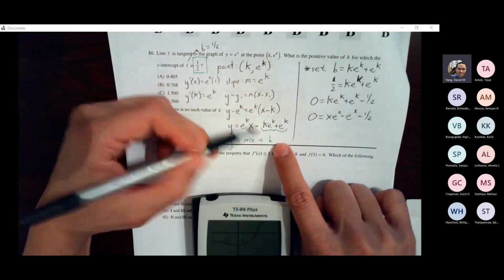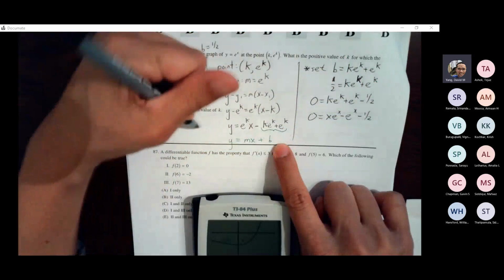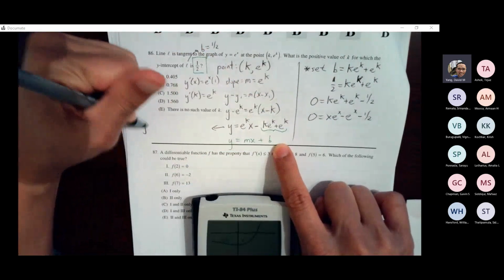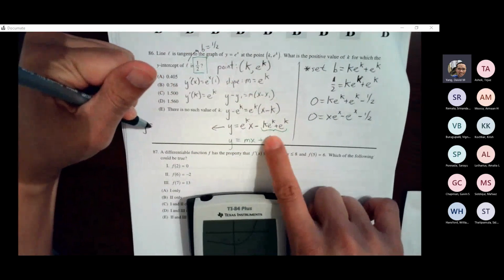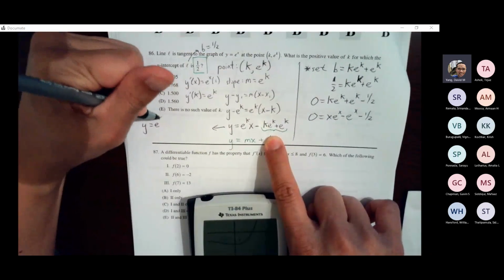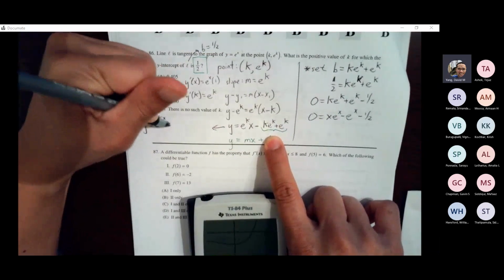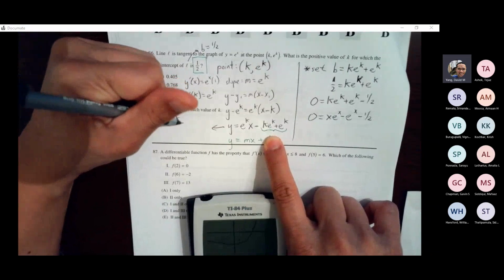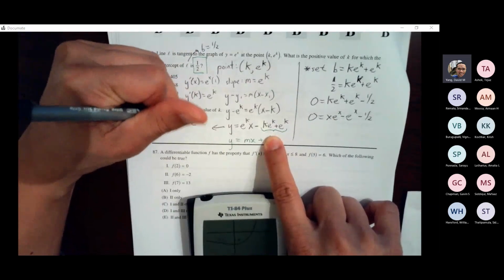This needs to be written in a better form. Let me go back here. I should really put that positive term first: e to the kx plus e to the k minus k e to the k.